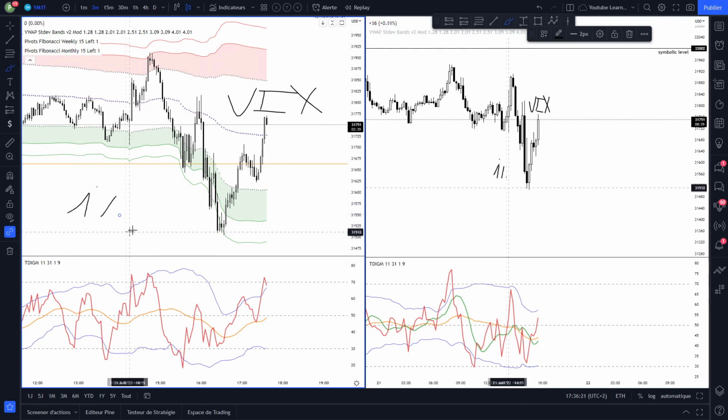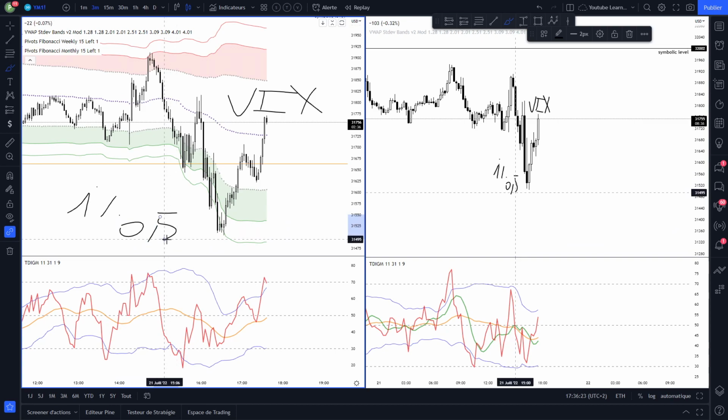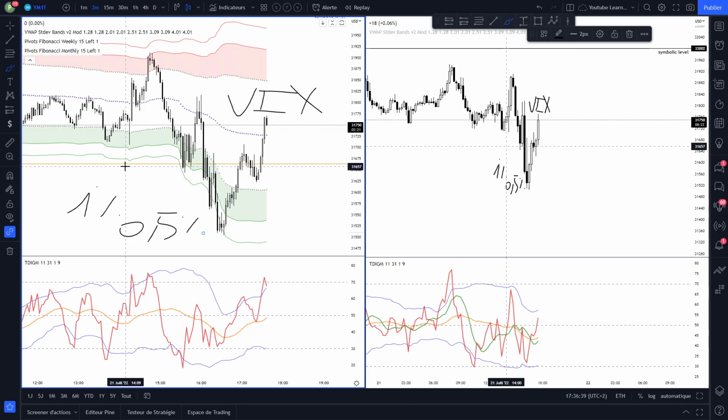So usually I'm more like 0.5%. But you should know that it's because I'm not taking a lot of positions. Some scalper traders may take a lot more positions, so they will risk 0.20 or 0.5 maximum per position.